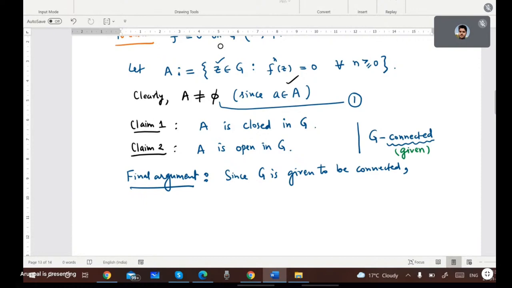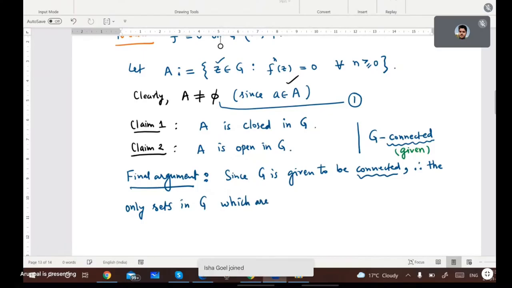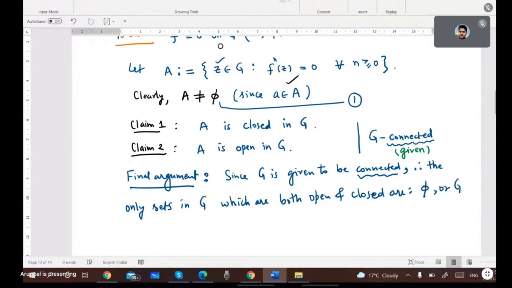Yes, sir. If G is given to be connected, therefore, by definition of connectedness, the only sets in G which are both open and closed are either the empty set or G itself.